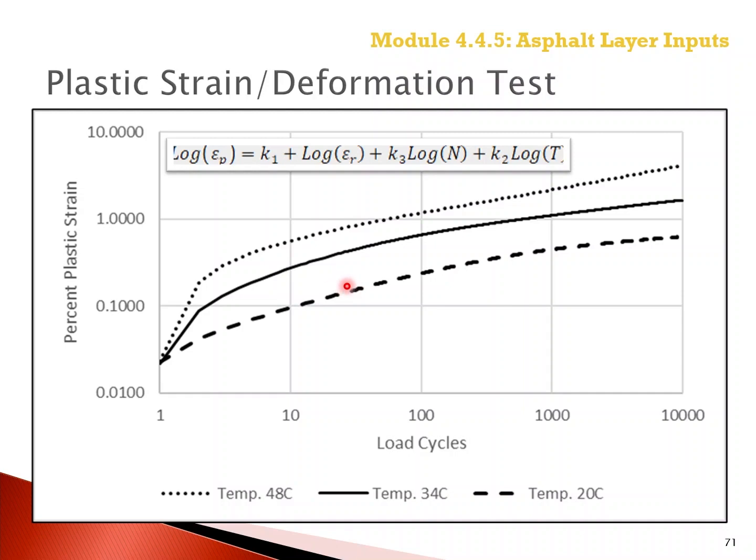The plastic vertical or axial strain and total strains are measured and accumulated with the number of load cycles for 3 different test temperatures. The 3 test temperatures used in this illustration are 20 degrees centigrade, 48 degrees centigrade, and then the midway temperature of 34 degrees centigrade.